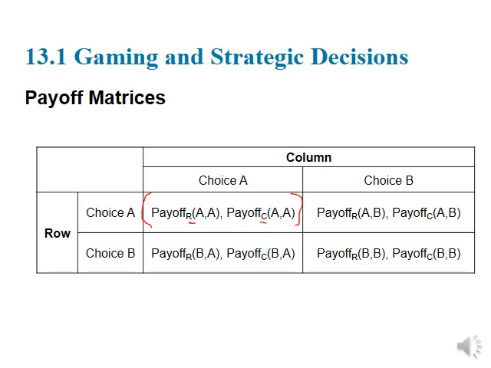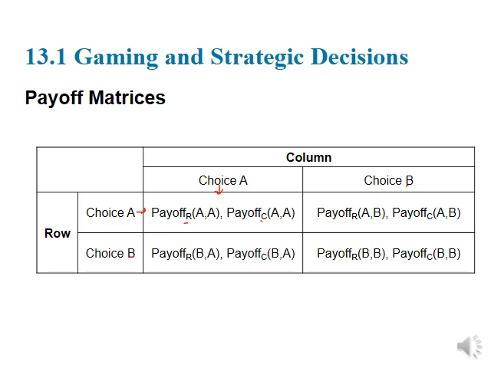And in each cell of this payoff matrix, we have the payoff to both players for the corresponding choices. So in the event that both players choose choice A, we list in the payoff matrix the payoff for row and the payoff for column, conditional on both players choosing choice A, and so on and so forth for B and B, and A.